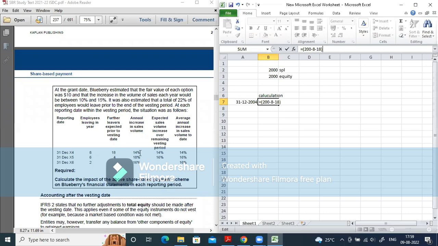If it is 5 to 10, they will be getting 100. Yes, it is 200. So 200 into the grant date share option value of $10, into 1 divided by 3.